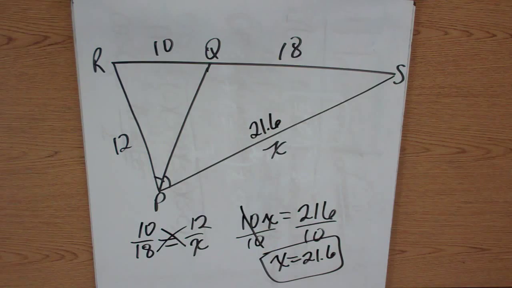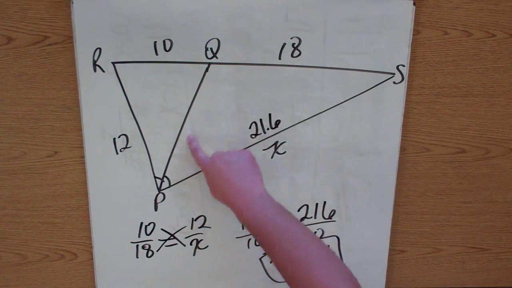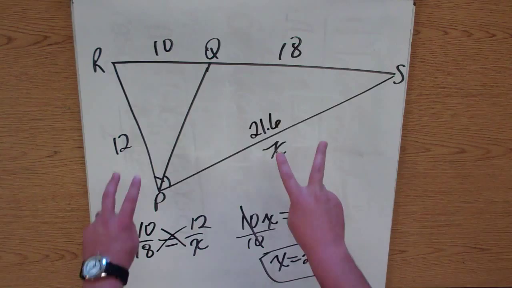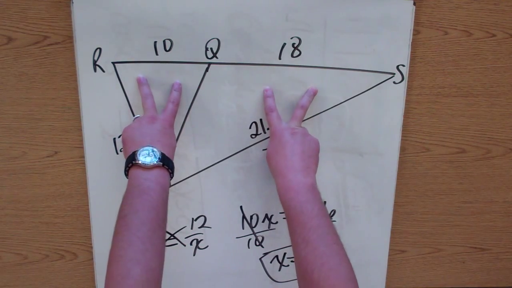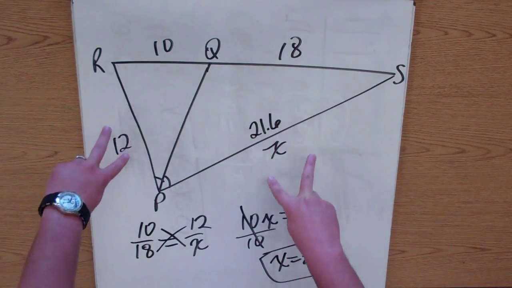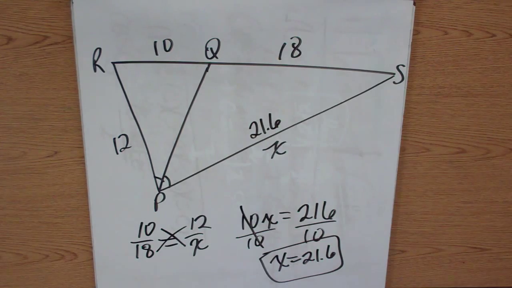So now you know 3 more ways that you can find proportions from triangles. If you have an angle bisector, the segments that it cuts that side of the triangle into are proportional to the other 2 sides of the triangle.